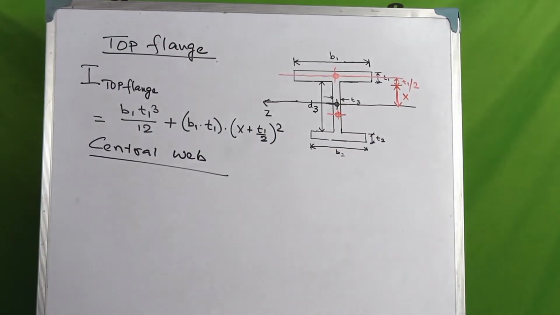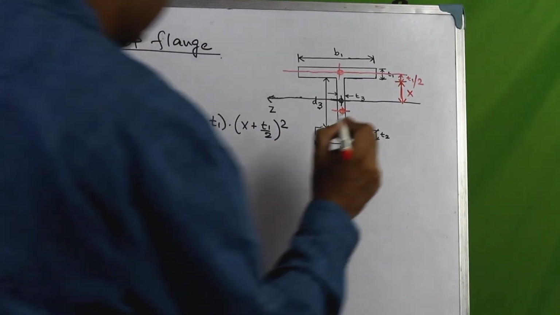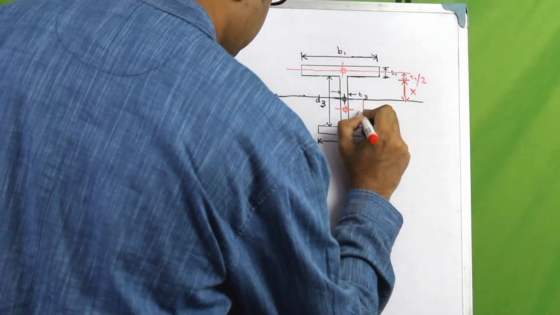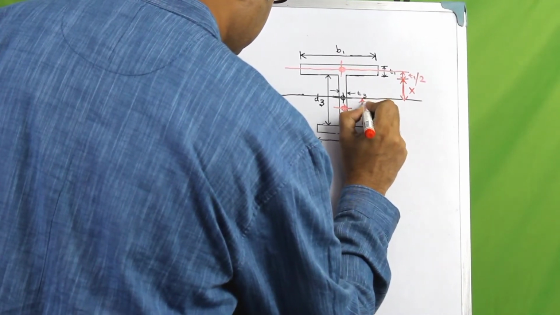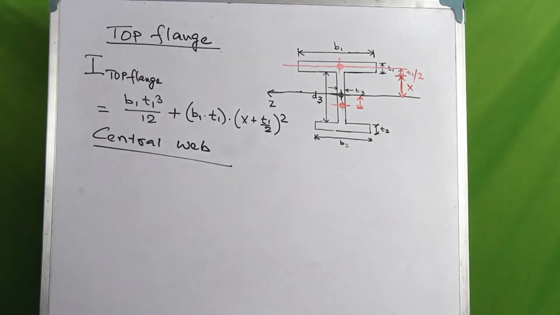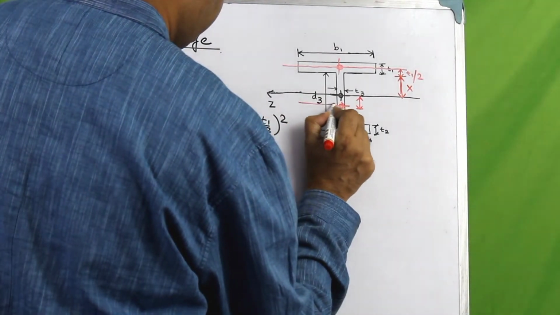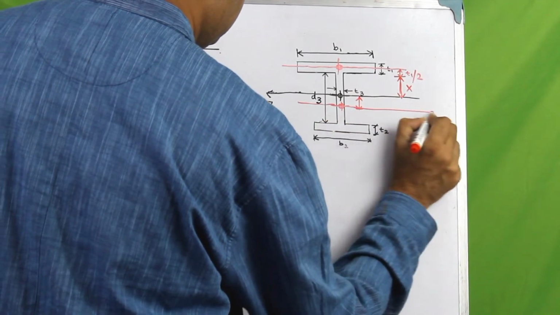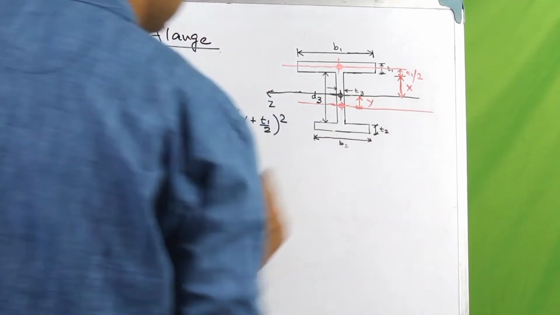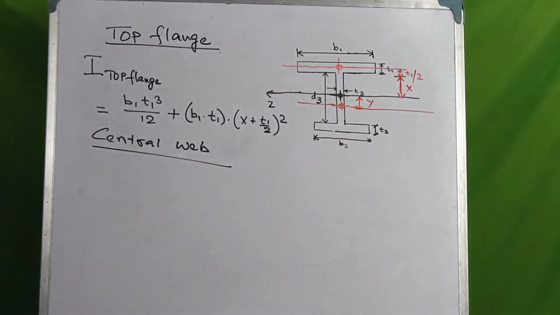Let us say it's here, and if this is the centroidal axis for the web, let us say that the distance between these two is y.